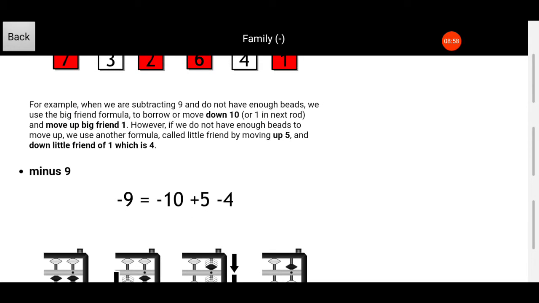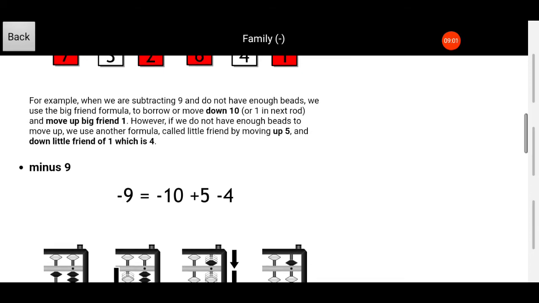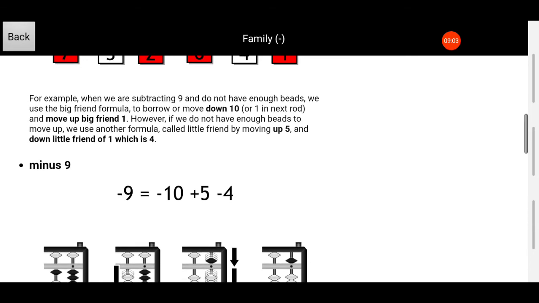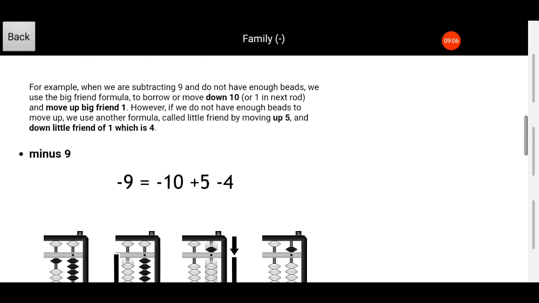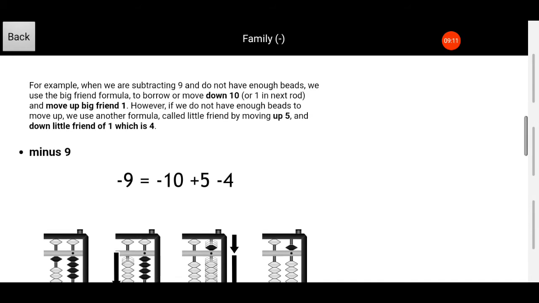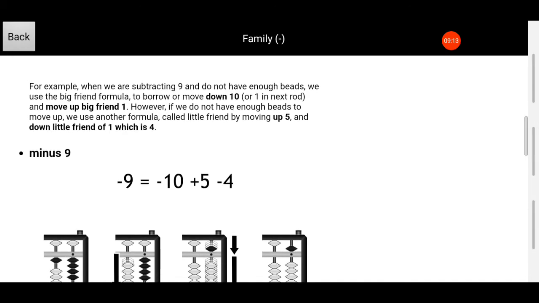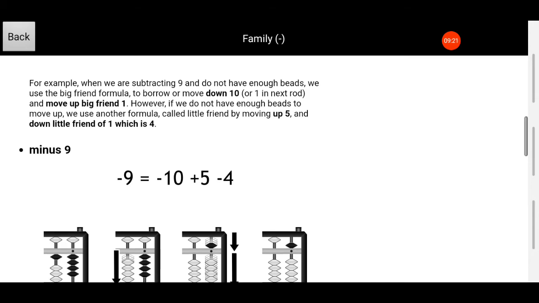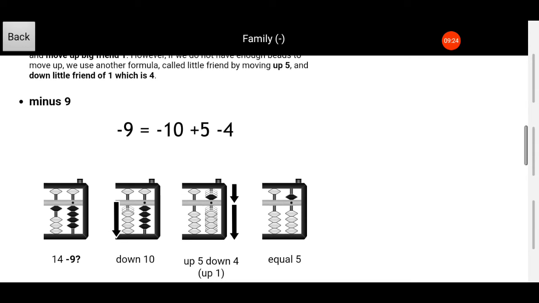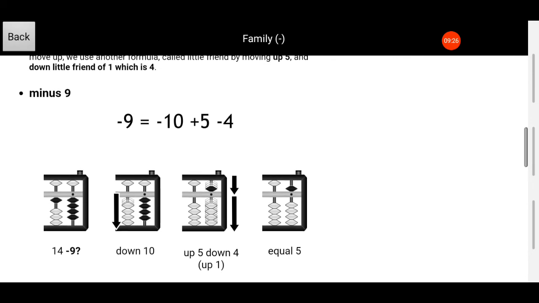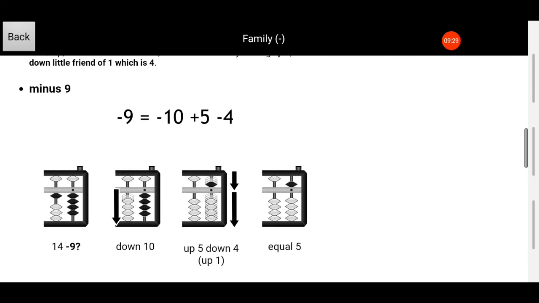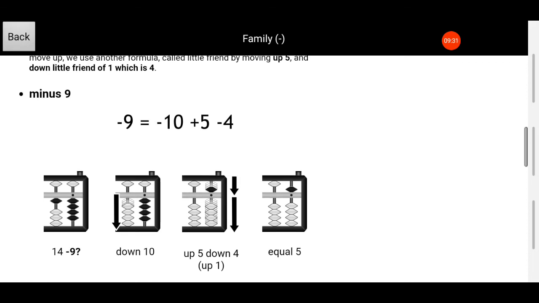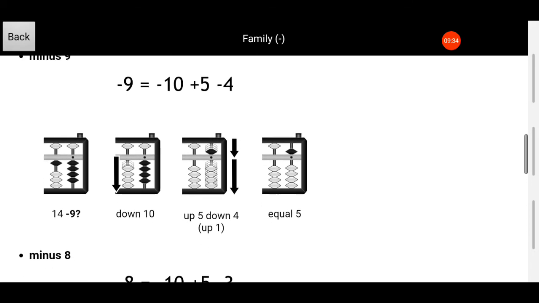For example, when we are subtracting 9 and do not have enough beads, we use the big franc formula. To borrow or move down 10, or in the next rod move up, use another formula called little franc by moving up 5 and down little franc of 1, which is 4. Then now minus 9.